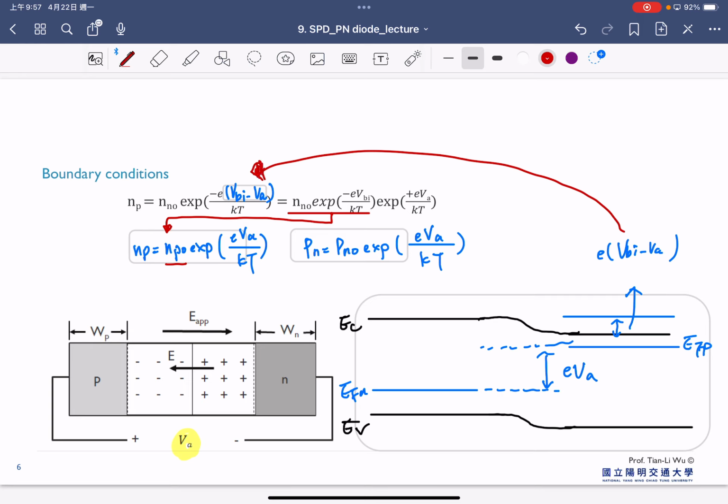So under the forward bias you reduce the potential barrier here, and therefore the built-in voltage changes from VBI to VBI minus VA.